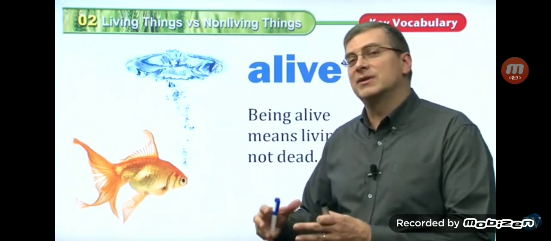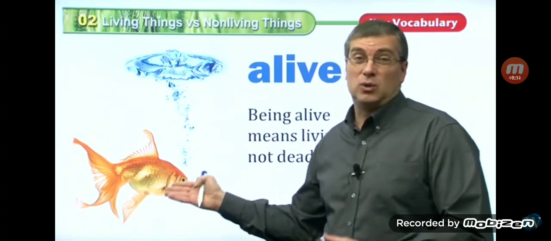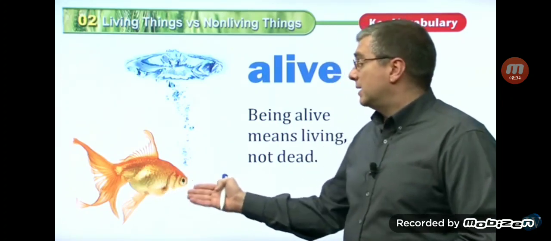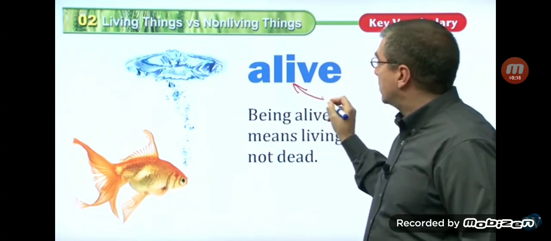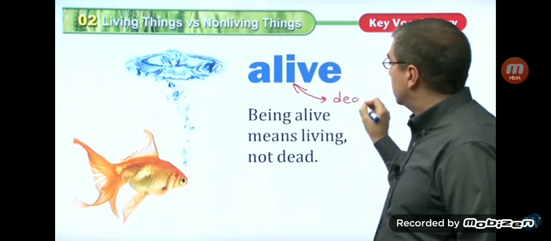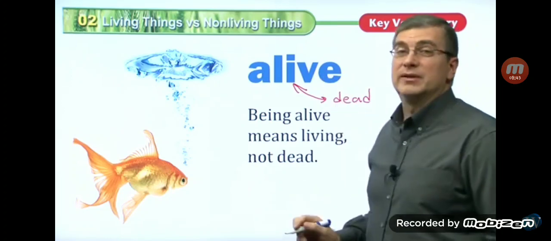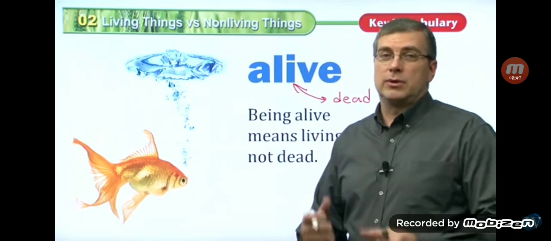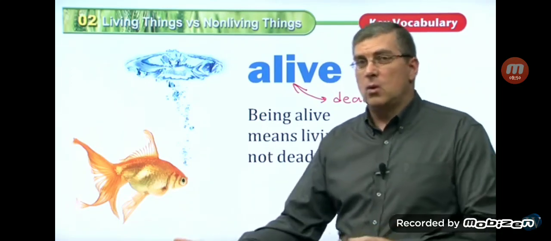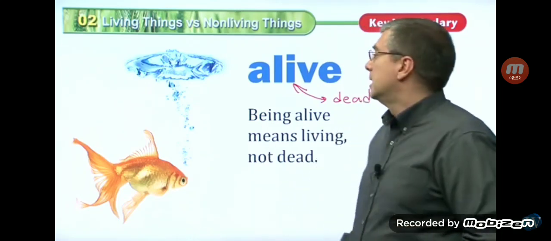They have a cycle of life. All living things breathe. And then when they die, they will not be alive. So alive is the opposite of dead. Now it is alive, now they are dead. Okay?